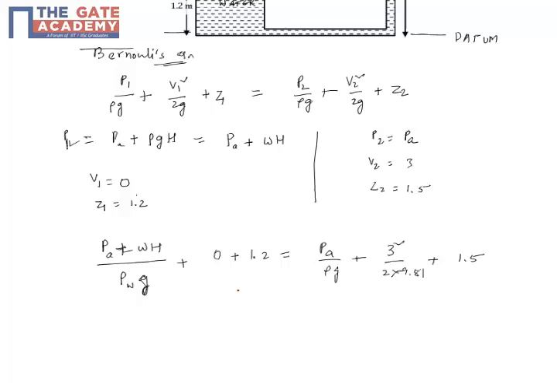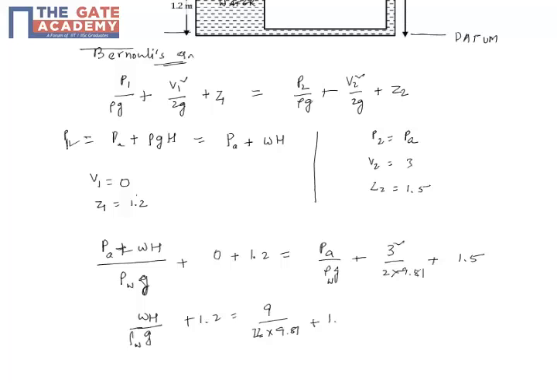Pa by rho g on the left and the right would cancel. You will be left with W h by g into rho of water plus 1.2 is equal to 3 square, 9, by 2 times 9.81 plus 1.5.